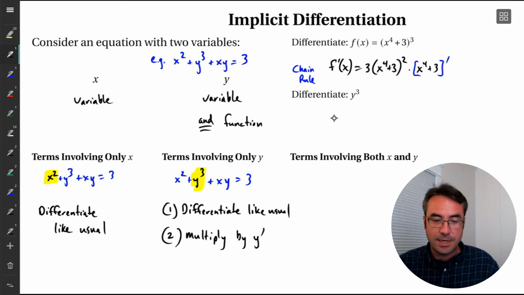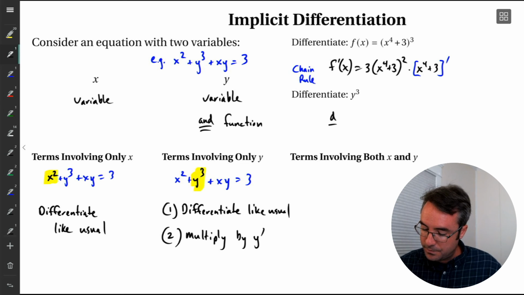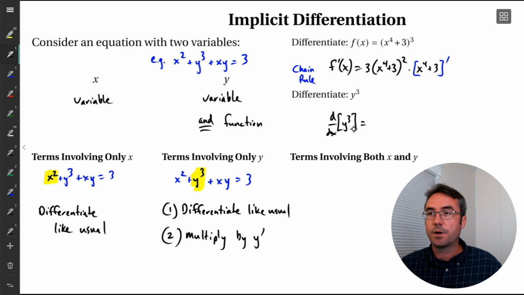So if we wanted to differentiate y cubed, how is this going to work if we're viewing y as an implicit function of x? Well, we're going to differentiate the variable part, so do power rule, 3y squared.